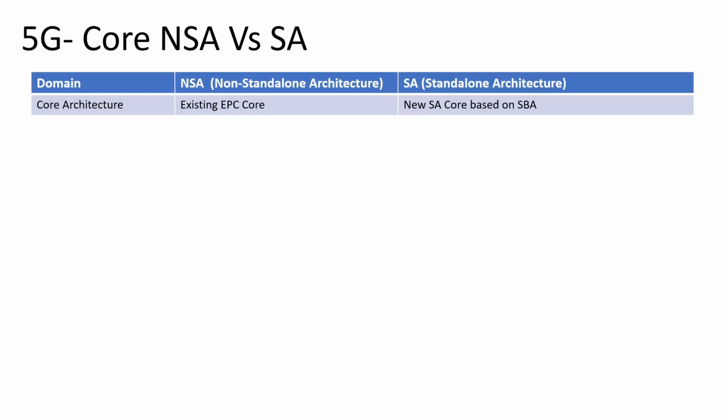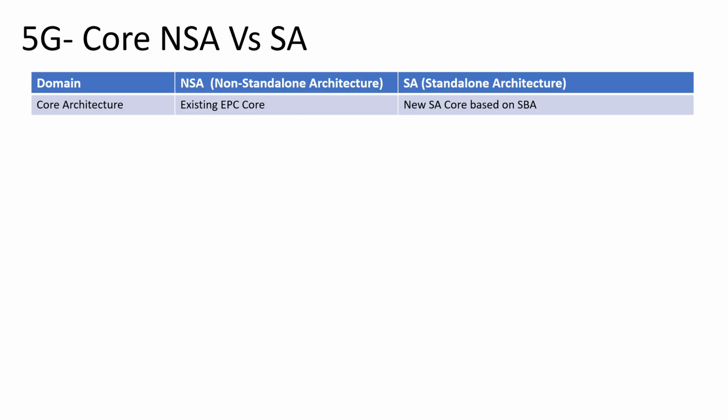From the architecture point of view, let's again touch base the core architecture. From the core architecture point of view, the non-standalone architecture, as we discussed, will use the existing EPC core. The existing EPC core, which is serving 2G, 3G and 4G customers, by making few software changes or license changes, that core will be enabled to serve the 5G customer also in non-standalone architecture. But in standalone architecture, there is a drastic shift of the core network architecture itself.